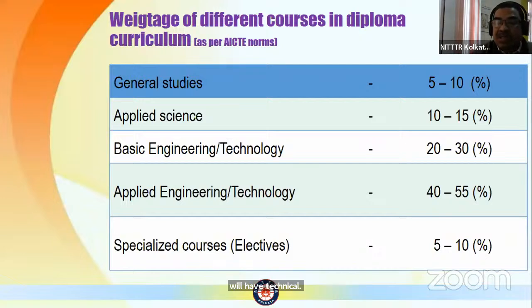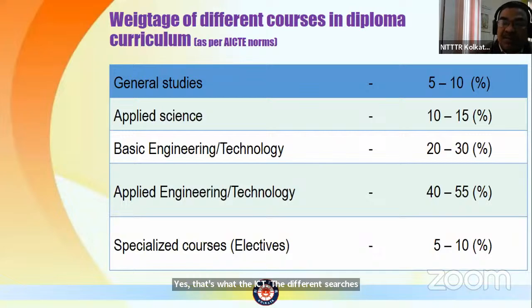As per the AICTE, the different subject categories are there with their percentages, and you have to follow that. For example, general studies maximum 10%, applied science maximum 15%, basic engineering and technology like workshop practice, drawing, strength of material, etc. 30%, applied engineering and technology 55%, and core subjects 55%.